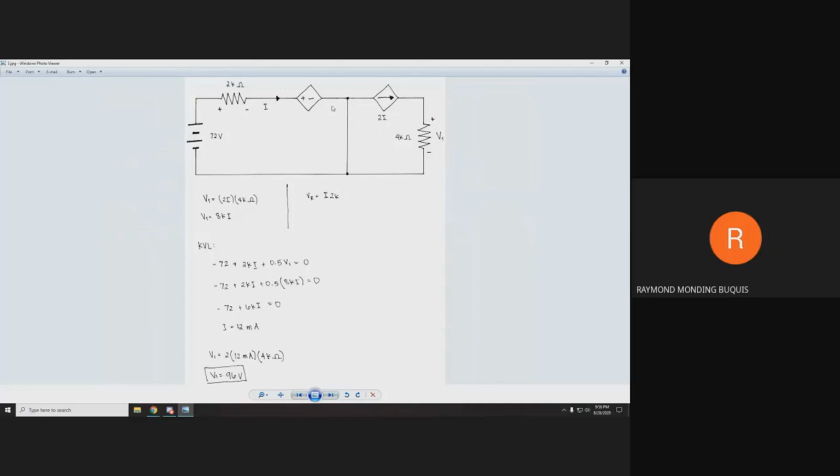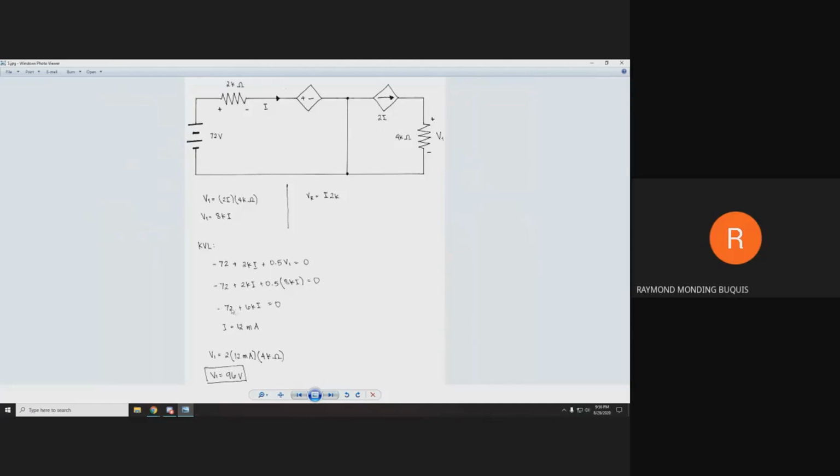this is a voltage dependent voltage source which has the value of 0.5 V1, and that would all equate to 0. Negative 72 plus 2KI plus 0.5 V1, which is 4KI, is equal to 0.